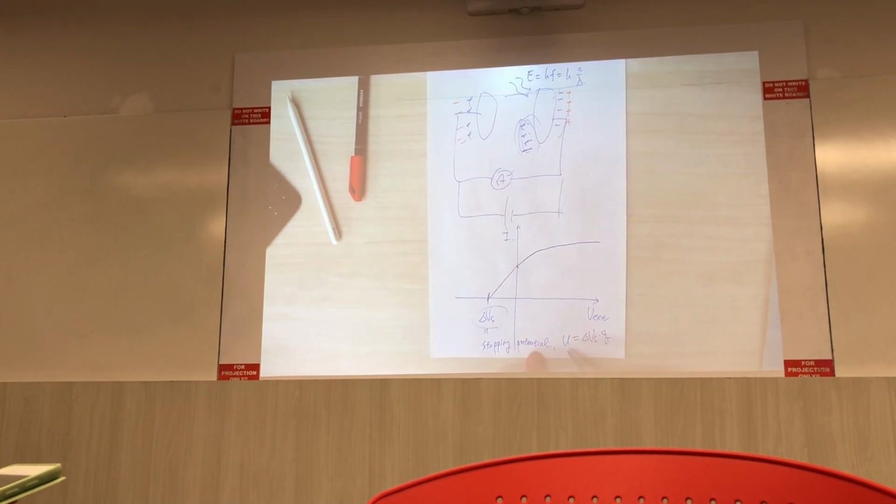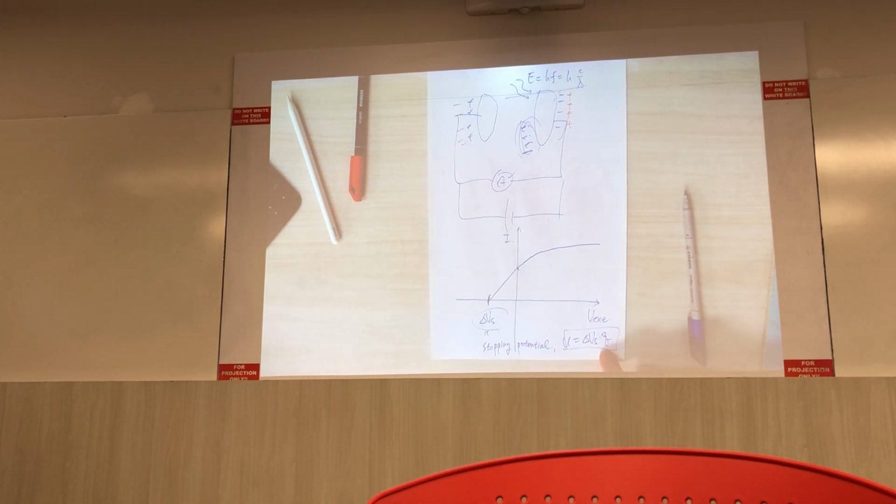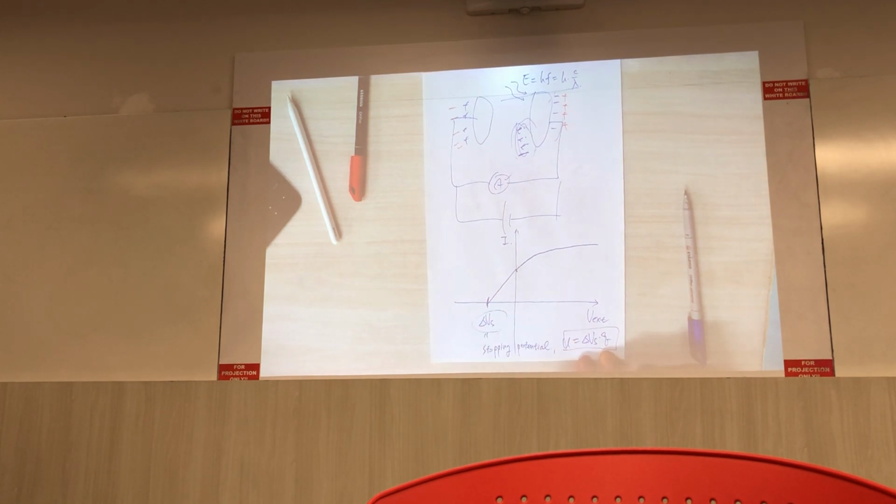And this potential energy is going to be the maximum potential energy for this electron, because with this potential energy the electron cannot move, so there is no kinetic energy.